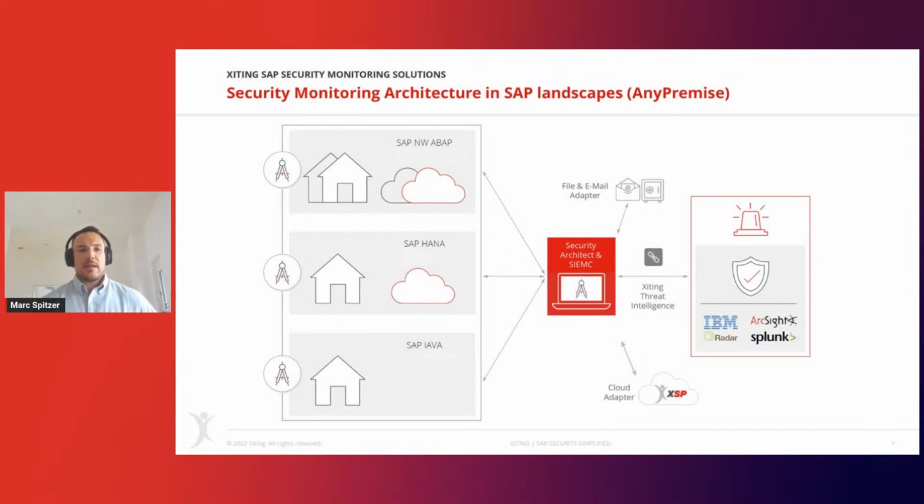Then most of the vulnerability checks, as well as the patterns, are coming with the transports, the pre-built ones, so you can use them already. There's maybe a little bit of configuration which you need. So you need to have some RFC destinations to your satellite systems, for example. You have to plan in some background jobs which do the work of the real-time monitoring, right?